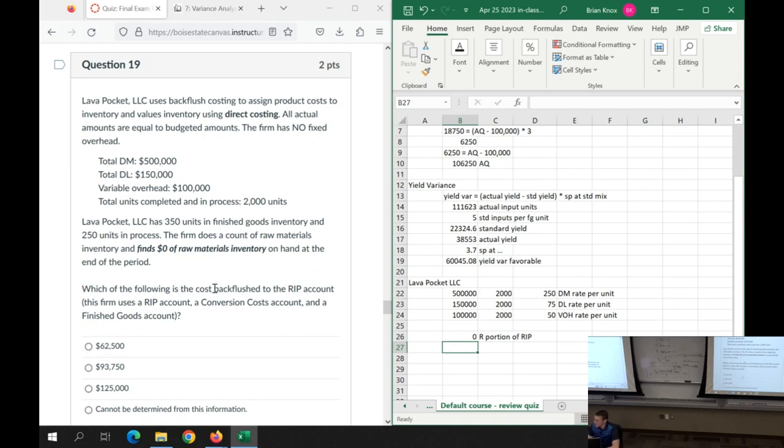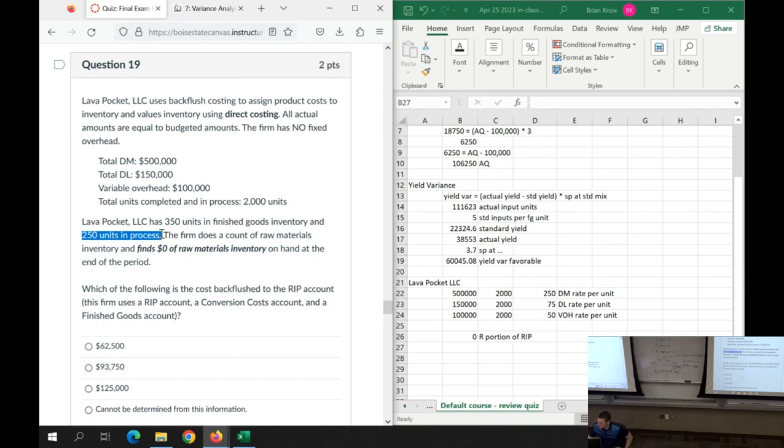Which of the following is the cost backflushed to the RIP account? So this firm uses a RIP account, a conversion cost account, and a finished goods account. All right, so there are 250 units in process. Basically we've split those 250 units in process into their direct materials that go into the RIP account, plus the in-process conversion costs. That's how these accounts are set up.